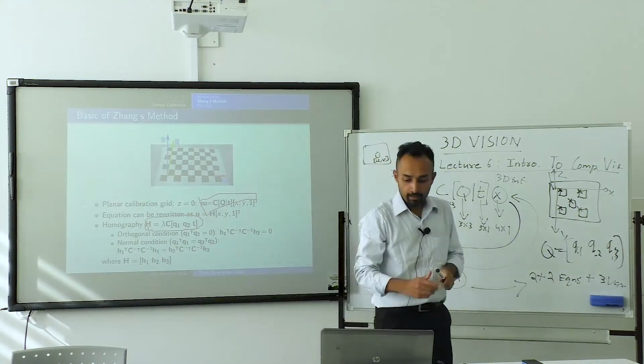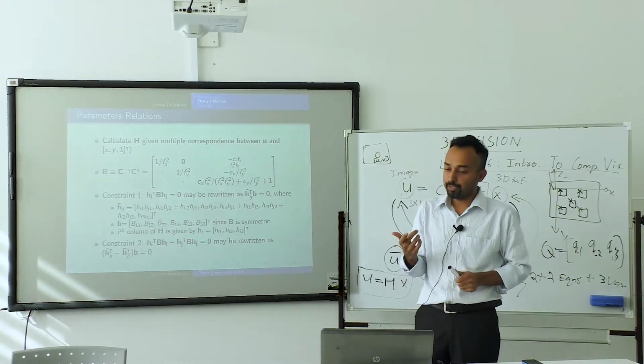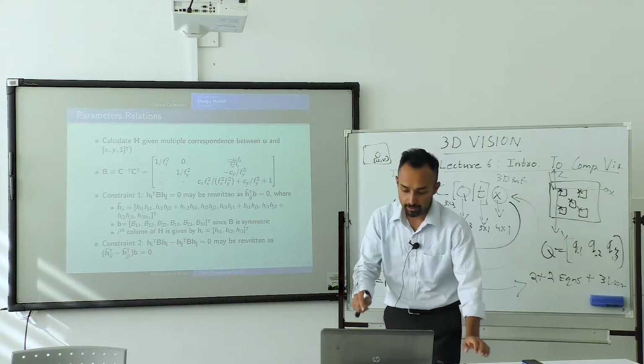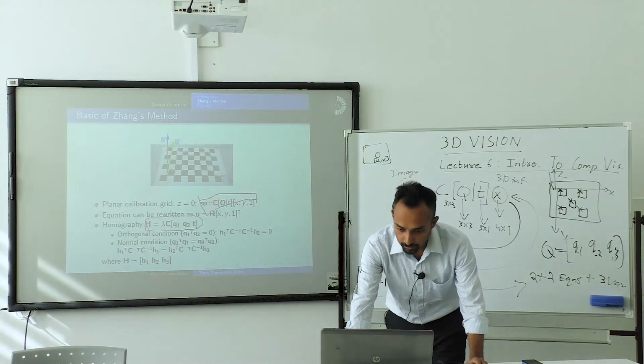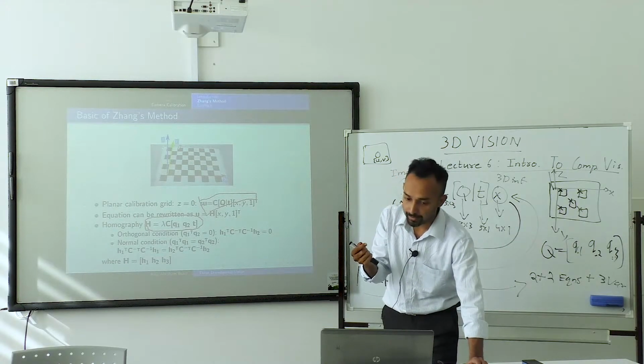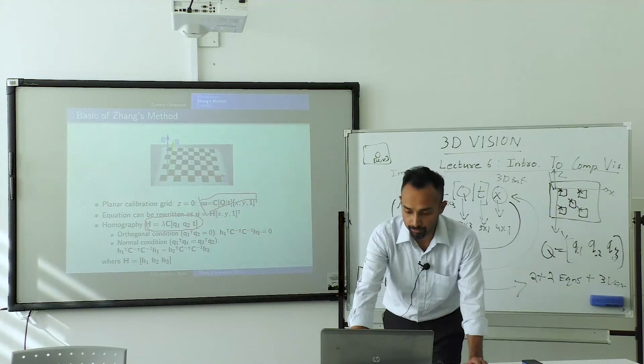So it is possible to estimate homography using multiple correspondences. If you have an image like this, you know the image coordinate, you calculate the image coordinate, and then you have the 3D coordinate. By doing correspondence between these two, you can obtain the homography matrix.